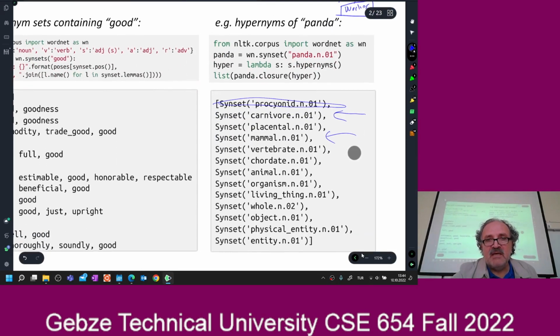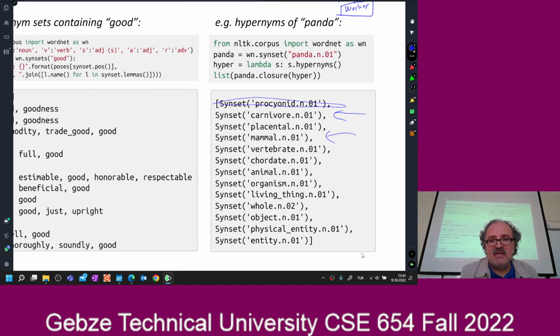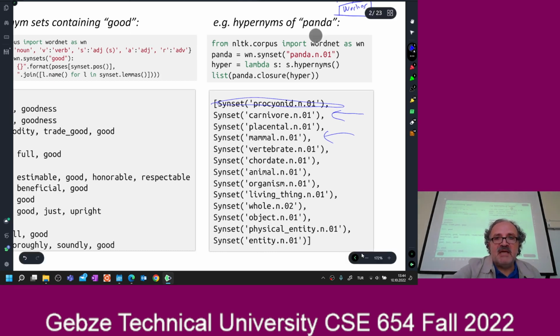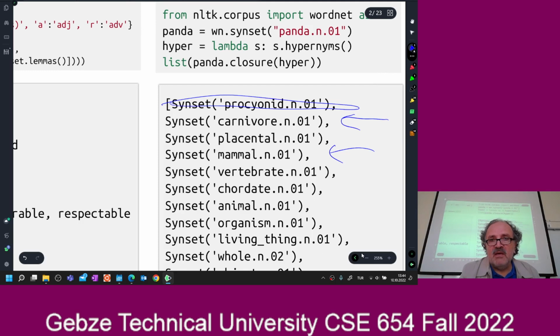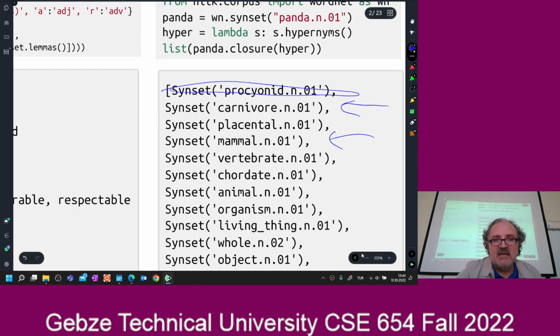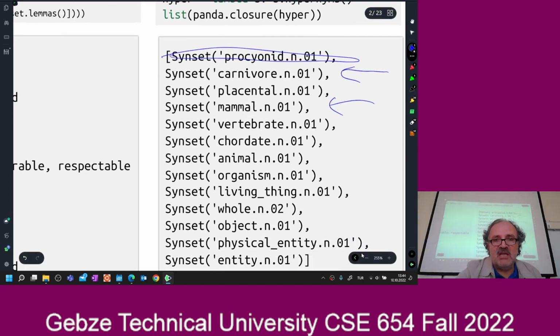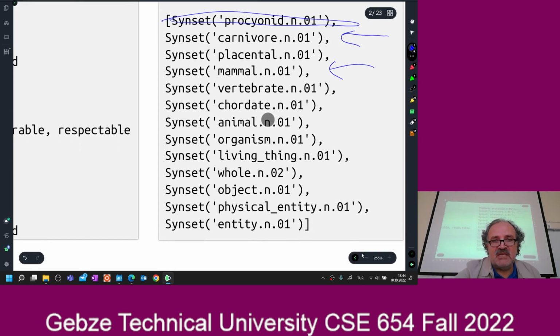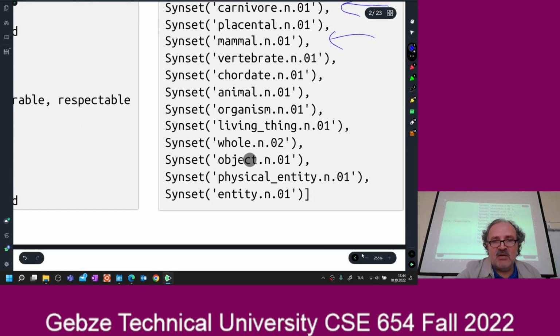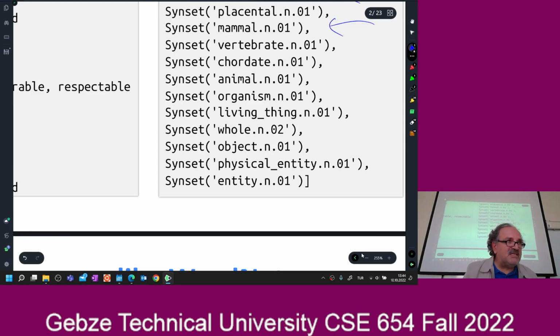Some people sit together and mark all the hypernyms for all the words. We say that a panda is a procyonid, carnivore, then placental, then mammal. So it is going larger and larger: vertebrate, etc., then animal, then object at the top. Everything is an entity.